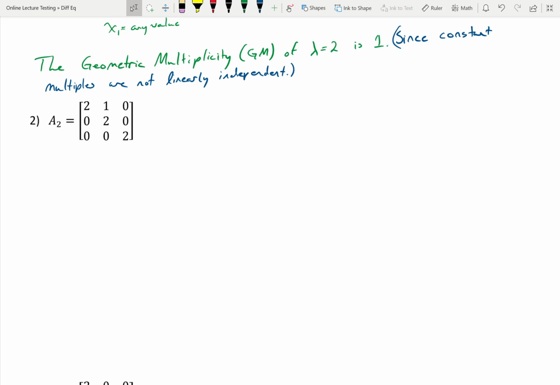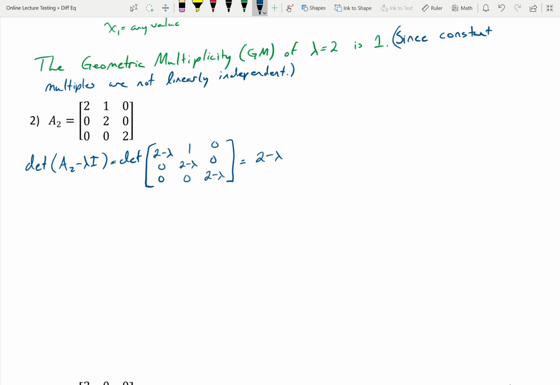All right, I'm going to take the determinant of A2 minus lambda I. So this should start looking familiar. All right, so we multiply. I'm going to use, again, it doesn't matter in this case, my bottom row again to come up with this.